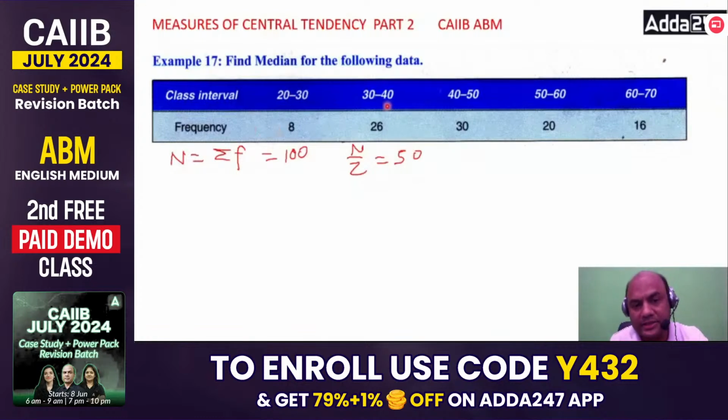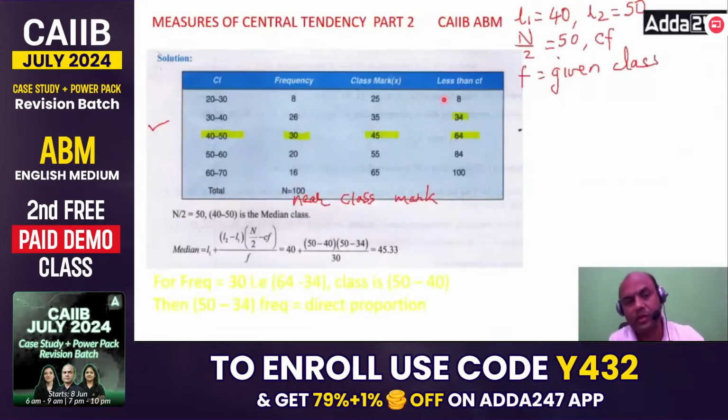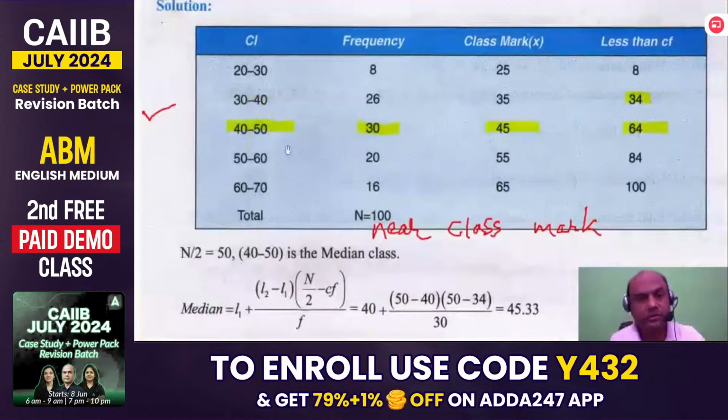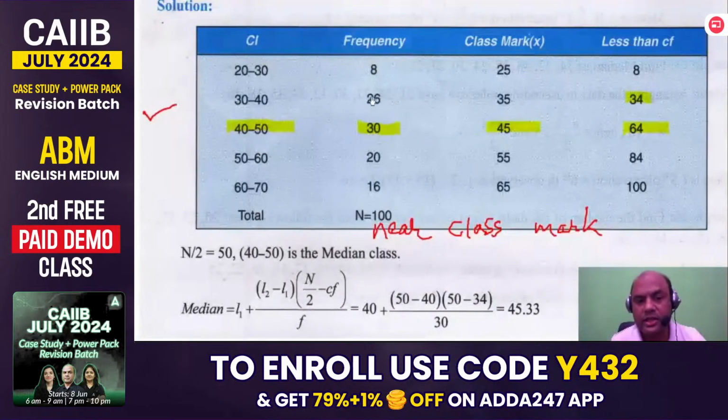Now write this table in vertical form. 20 to 30, 30 to 40, 40 to 50, 50 to 60. Frequency: 8, 26, 30, 20, 16. Importantly, remember we require the cumulative frequency.